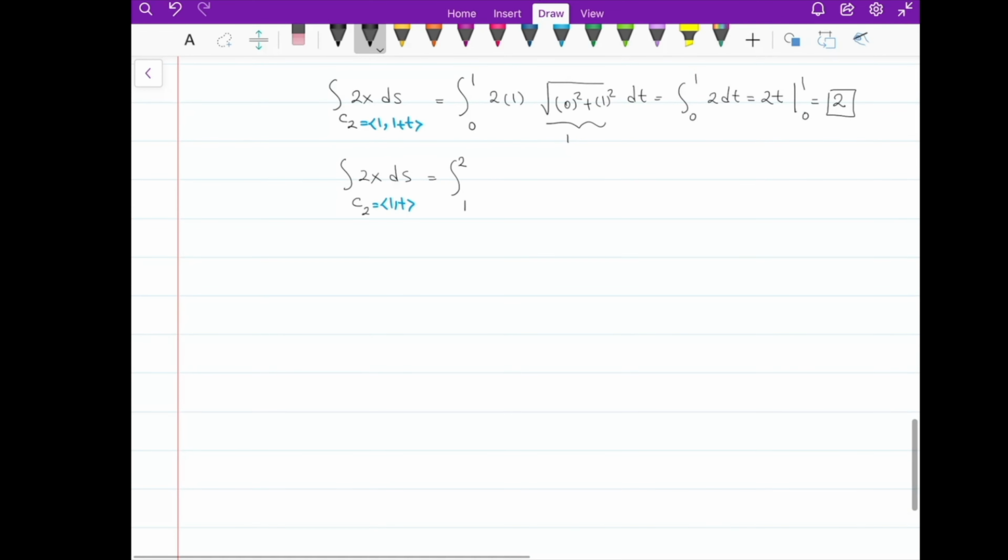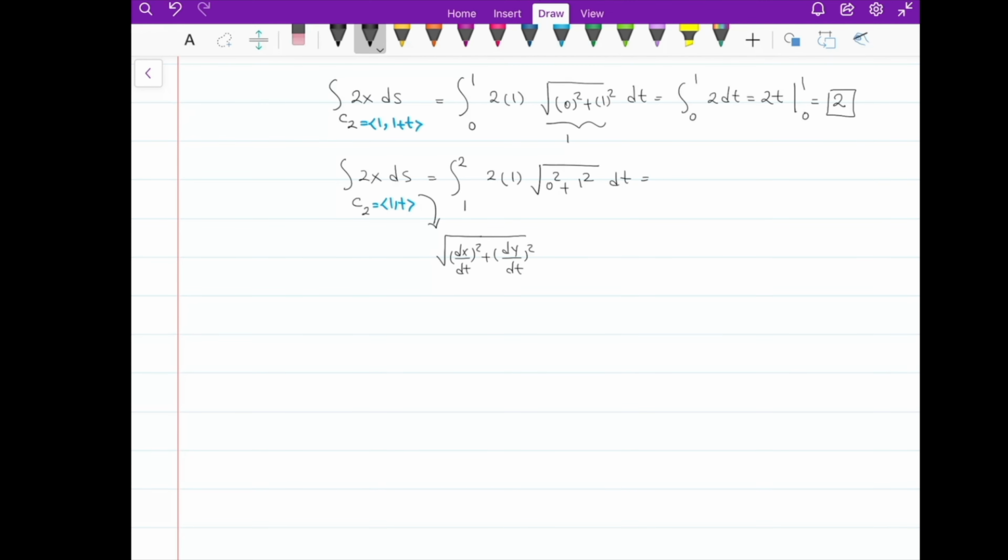Okay, so 2, again, the first parameterization is just 1, and then ds is what? It is the square root of dx/dt squared plus dy/dt squared, just as a recall. dx/dt squared would be 0, plus dy/dt squared is just 1 squared, dt.